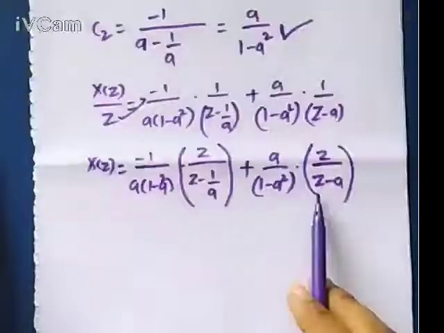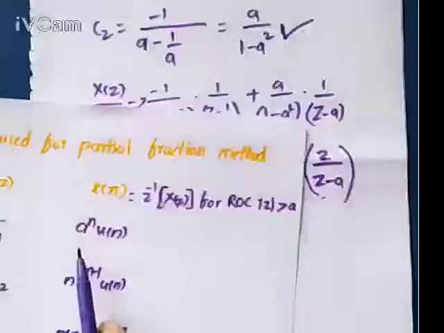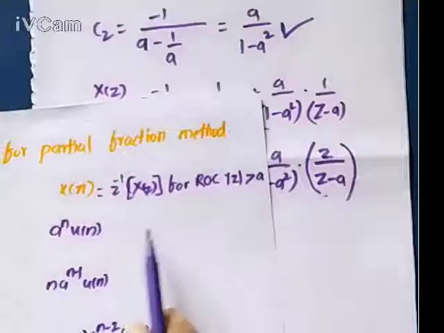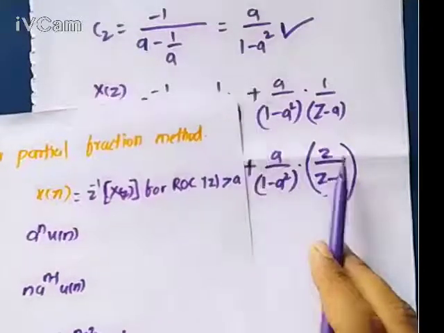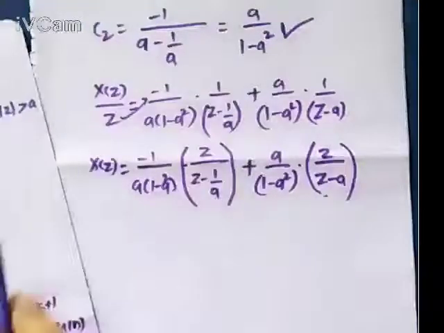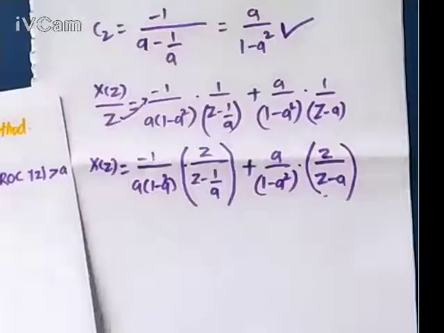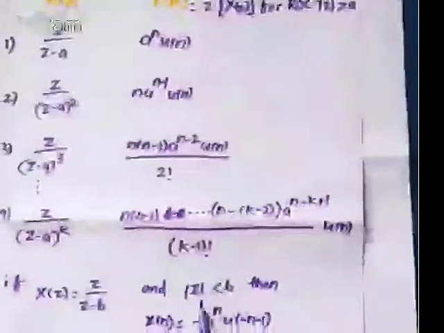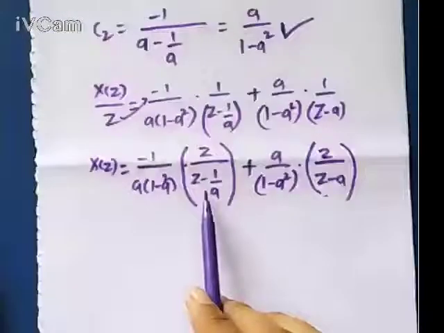So relatively one term, that is z by z minus a, can be represented in the form of a power n u of n, because z is greater than a, so it is the causal part. And in the question it is said that mod z is less than 1 by a, so correspondingly you can say this is non-causal for this part.